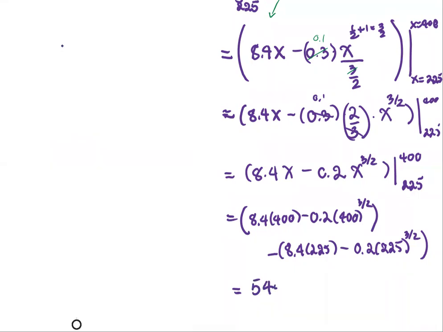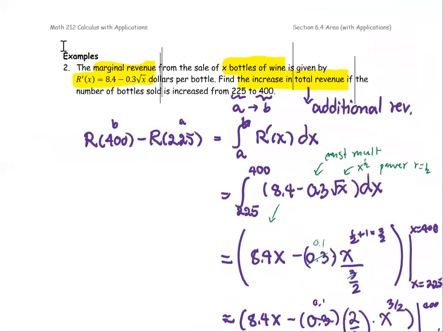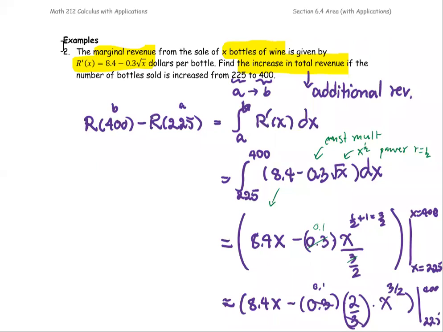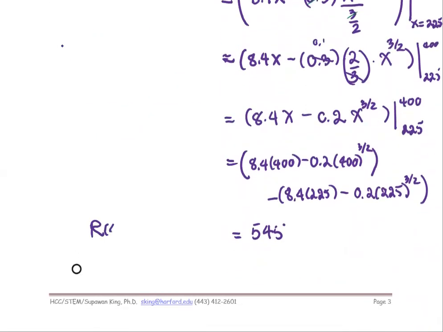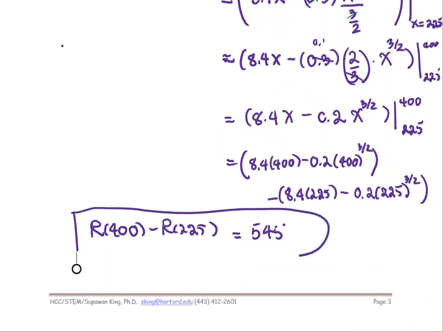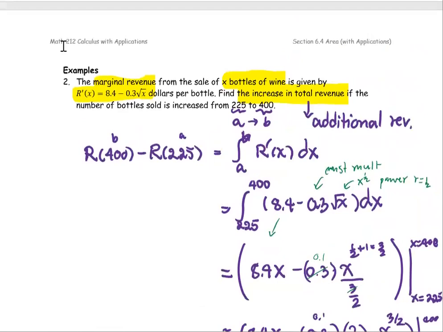So 545 is the difference, or the increase in total revenue, the revenue at 400 minus the revenue at 225. And the unit is dollars.